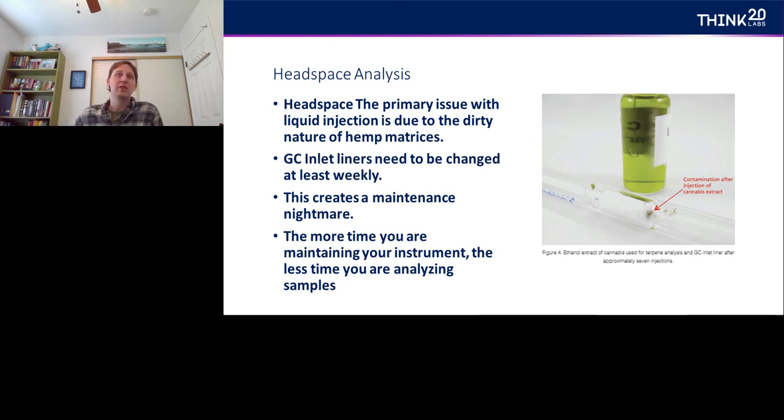So there's well over 1,000 compounds found in the cannabis plant. So not all of those we want to look at. You can see in that injection liner there, that's after only 7 injections. You can see all that sort of nastiness caught in the liner. So these need to be changed quite often, at least weekly.